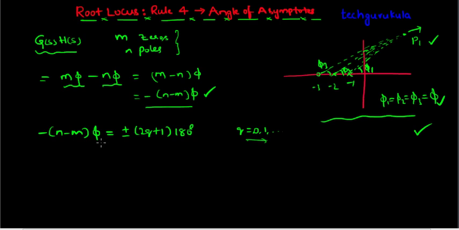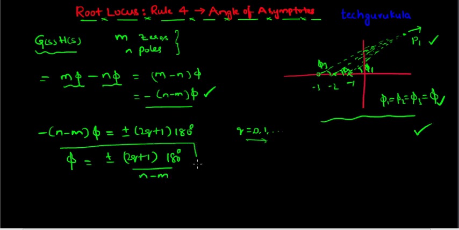Now rewrite this expression as we have some values here. So this phi will be equal to plus or minus (2q plus 1) times 180 degrees divided by (n minus m). This phi we're going to rename as phi a.